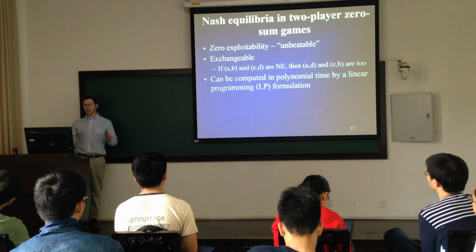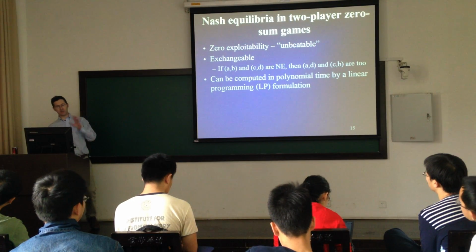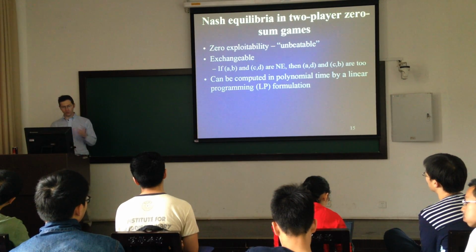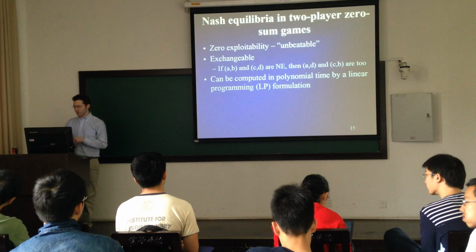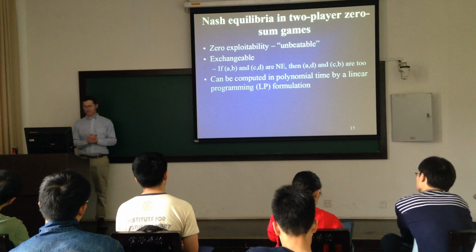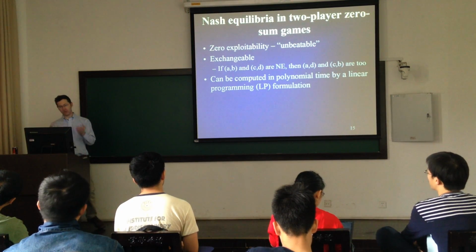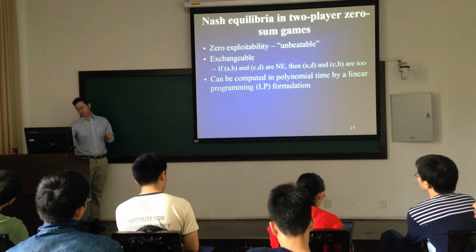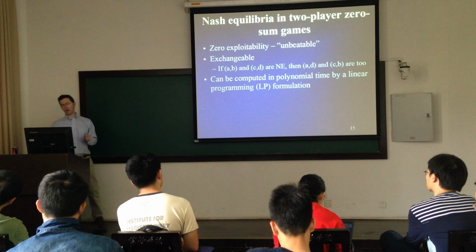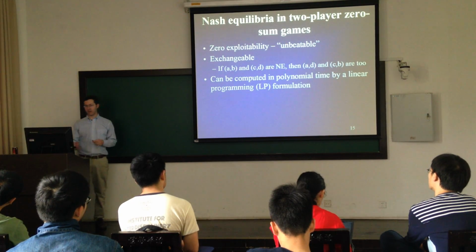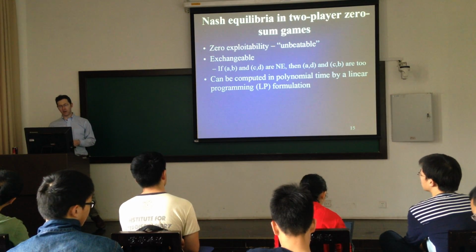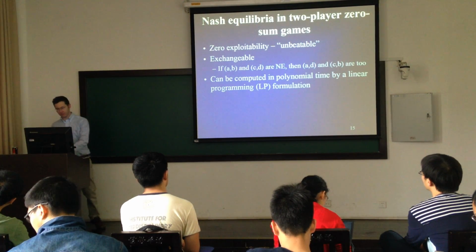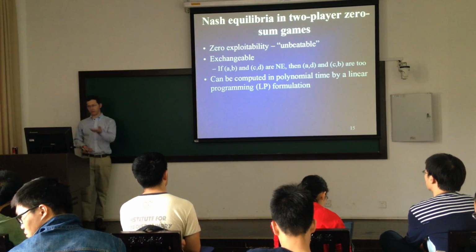So even if they don't match up, it will still be an equilibrium. Another very important factor from a computer science perspective is that in two-player zero-sum games, we can compute a Nash equilibrium in polynomial time. There exists a linear program formulation. So it's a pretty compelling solution concept in these games.